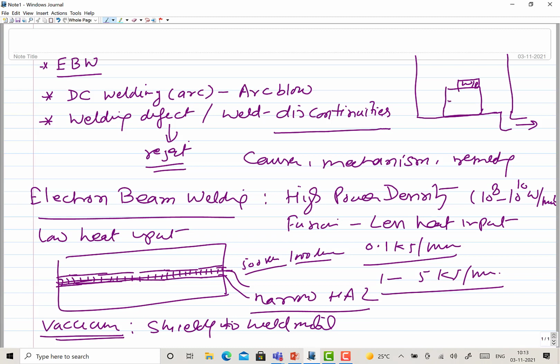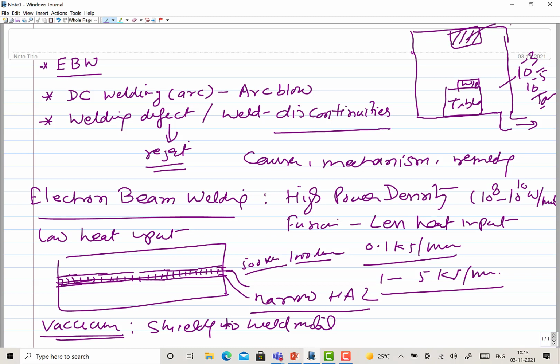This is the workpiece table. Obviously the entire assembly has to be placed in an enclosed chamber so that you have the desired vacuum, maybe 10 to the power minus 3 to 10 to the power minus 5 torr. Here you have the electron beam gun.